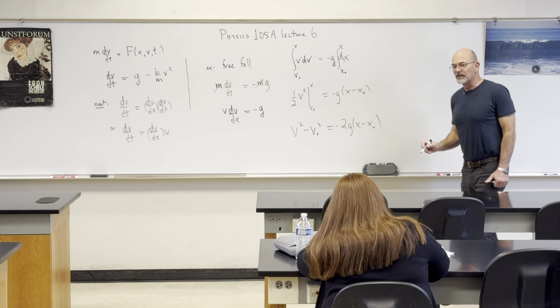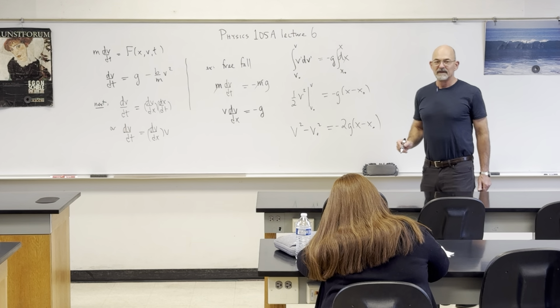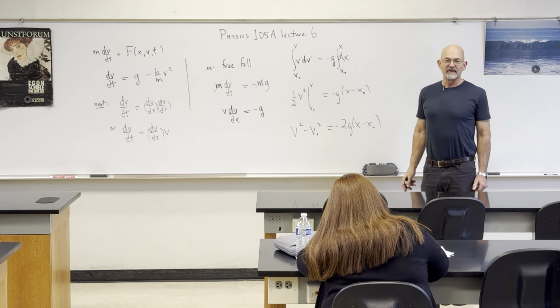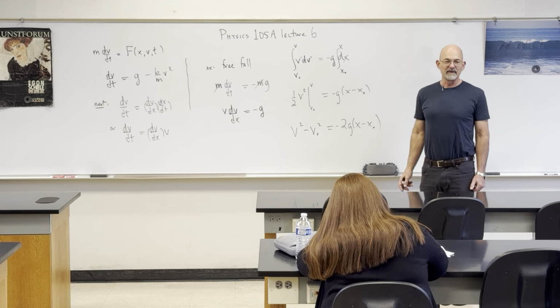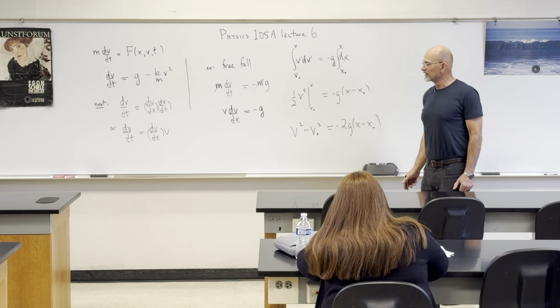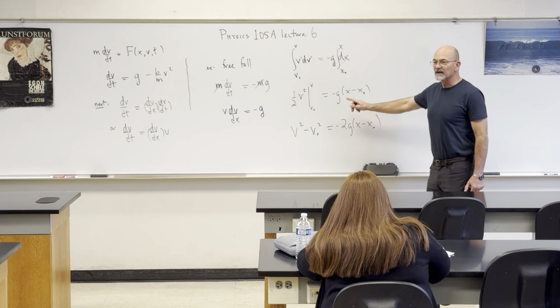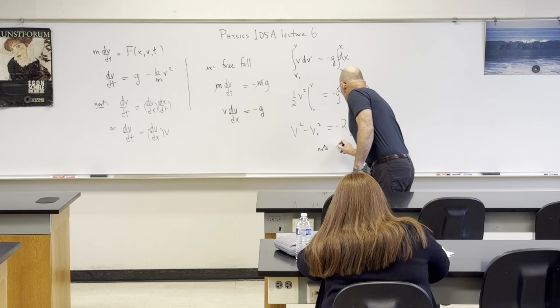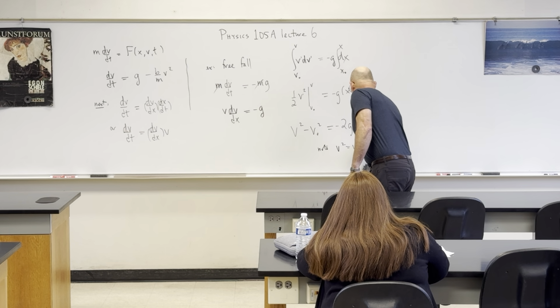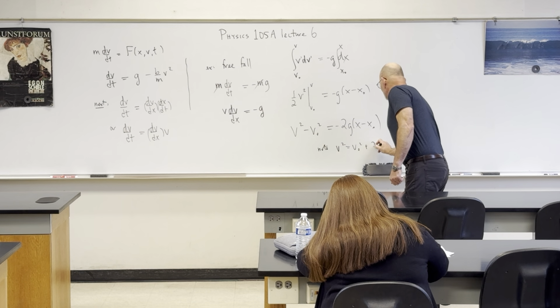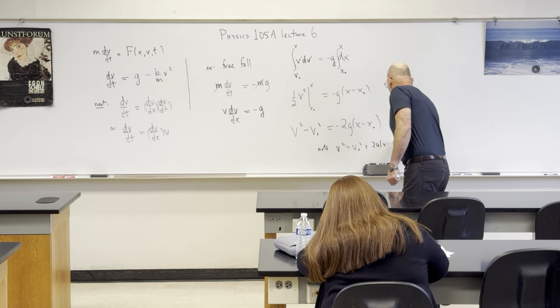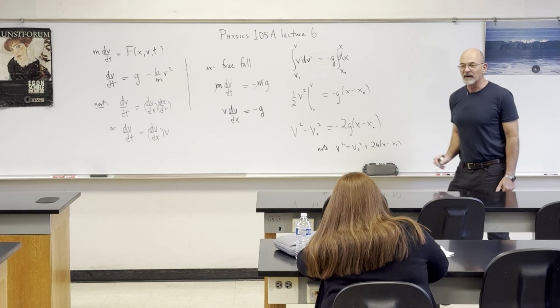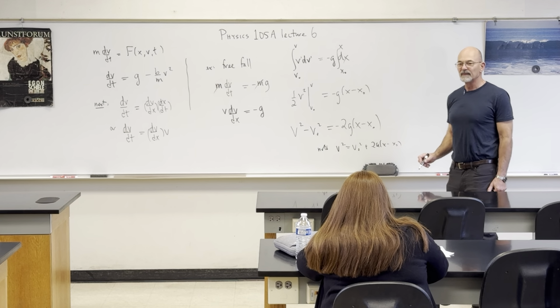So this is that third form of the free fall formulas that you guys remember from your physics 4A. v squared equals v naught squared plus 2 times acceleration times x minus x naught. That's the one you guys probably remember out of your books, right?